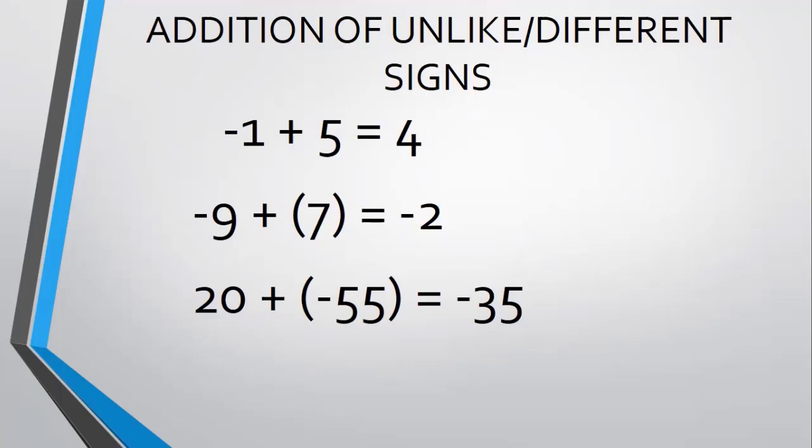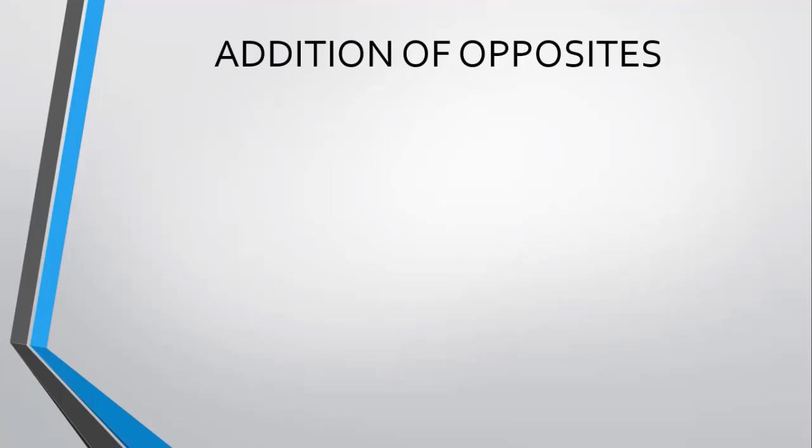Positive 20 plus negative 55. Subtract their absolute value. 55 minus 20 is 35. And by following the sign of the number with greater absolute value, which is negative 55, hence our answer is negative 35.